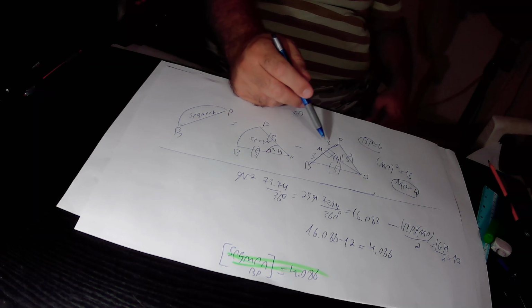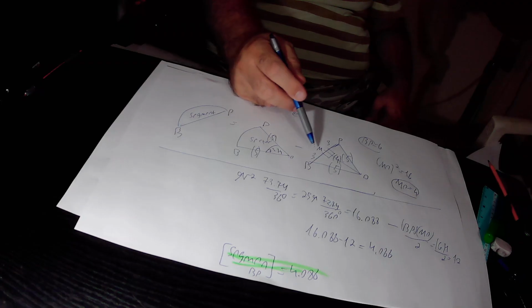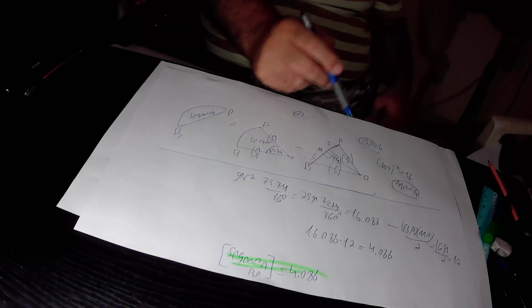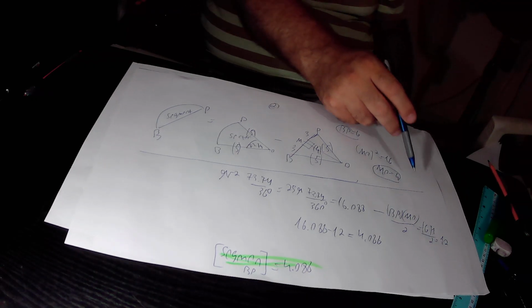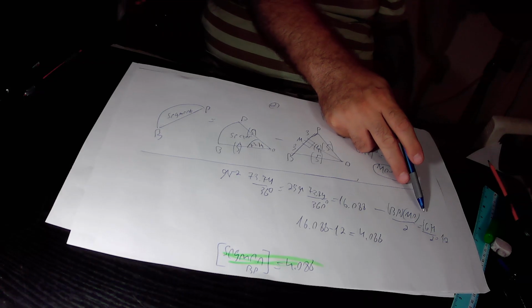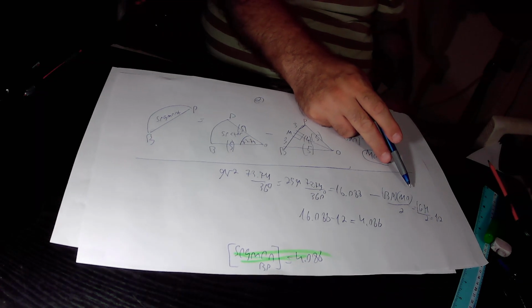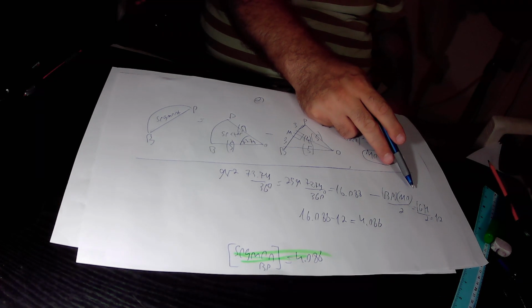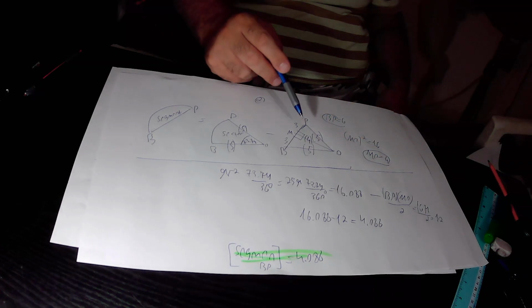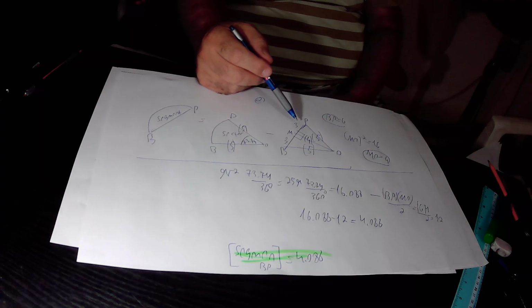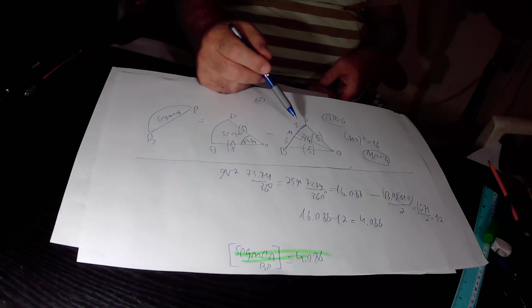Therefore the area of this triangle must be equal to the base PB, that is 6, times the height OM, that is 4, over 2. So it is 6 times 4 over 2. 6 times 4 is 24, and 24 over 2 is 12. So in total we found that the area of this isosceles triangle POB is equal to 12 square units.